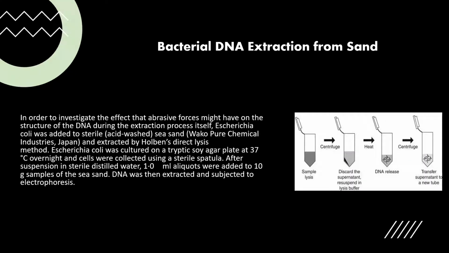Bacterial DNA extraction from sand. In order to investigate the effect that abrasive forces might have on the structure of the DNA during the extraction process itself, bacteria were added to sterile sand, extracted by Ogram's direct lysis method, and cultured on a tryptic soy agar plate at 37 degrees Celsius overnight, and cells were collected using a spatula.